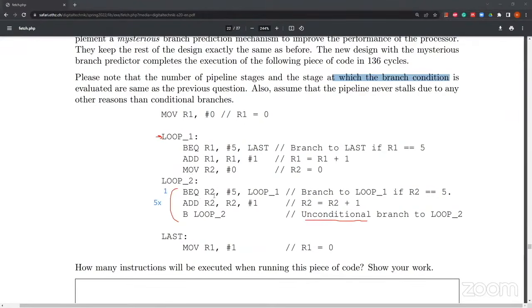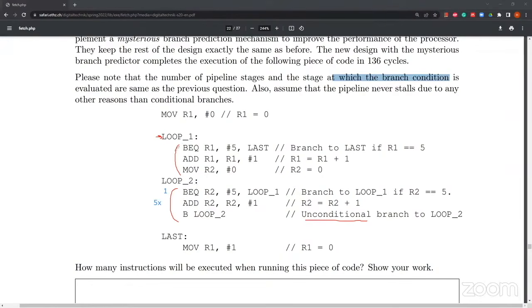Okay, so the same logic applies to this loop 1 part. It's exactly the same thing as loop 2, with the difference that after going through this part once, we execute loop 2 5 plus 1 times, let's say. Well, 5 times the 3 instructions and 1 more time the branch equal instruction, to be more precise.